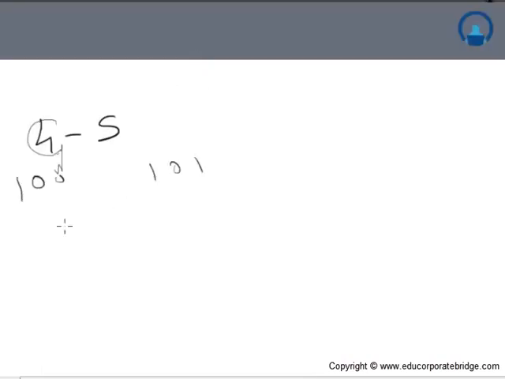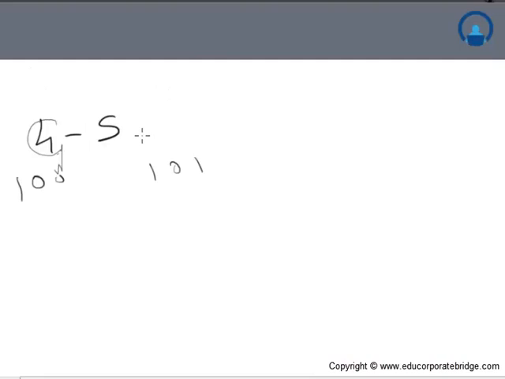Let's say, for example, 4 minus 5. Let's take the binary equivalent of 4, which is 1 0 0, and 5 is 1 0 1. Since m is less than n, the answer should be negative.